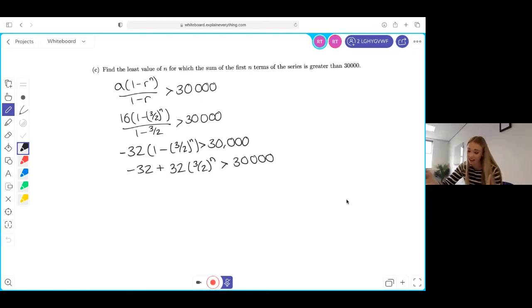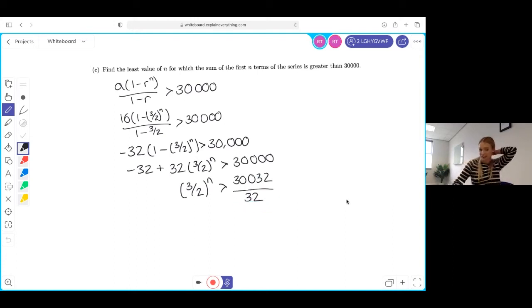And then I'll add on the 32 to the other side, divide everything by 32. So if I first add on that 32, I get 30,032. And then if I divide everything by 32, we've got to that equation.